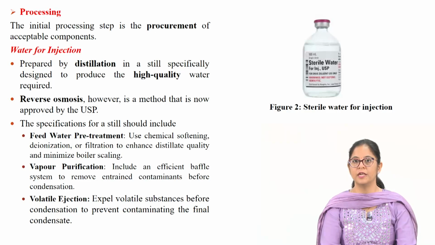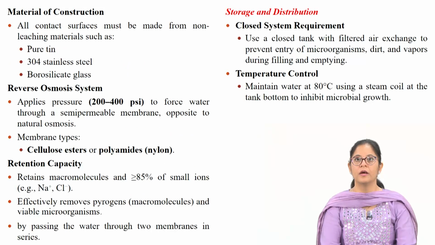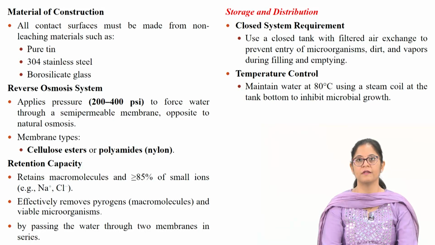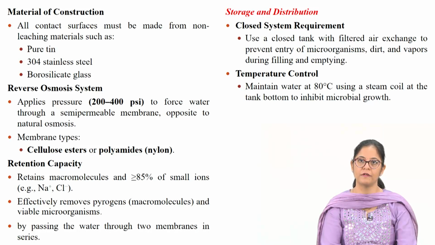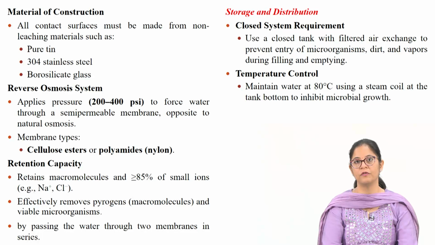So, volatile ejection is the next step. The materials used for the construction of these stills must be of non-leaching type. Pure tin, 304 stainless steel and borosilicate glass are generally used.